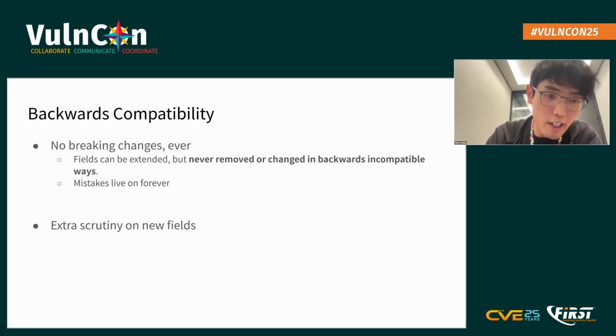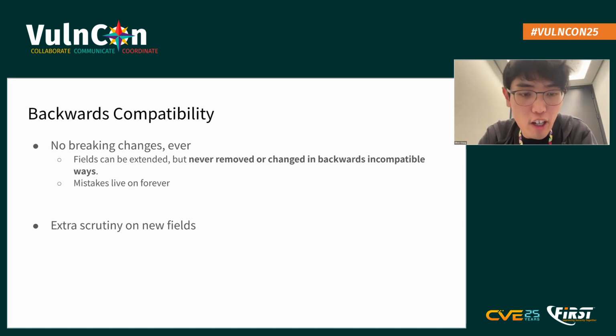And similarly, for clients targeting newer versions, they can always expect all the fields to always be there. They'll never be removed. And the key here, I think, is that we really try to keep the schema very minimal. So there's actually a very high bar for us to add a new field. I think that's what's helped us keep the schema quite lean and not introduce a lot of bloat over time.